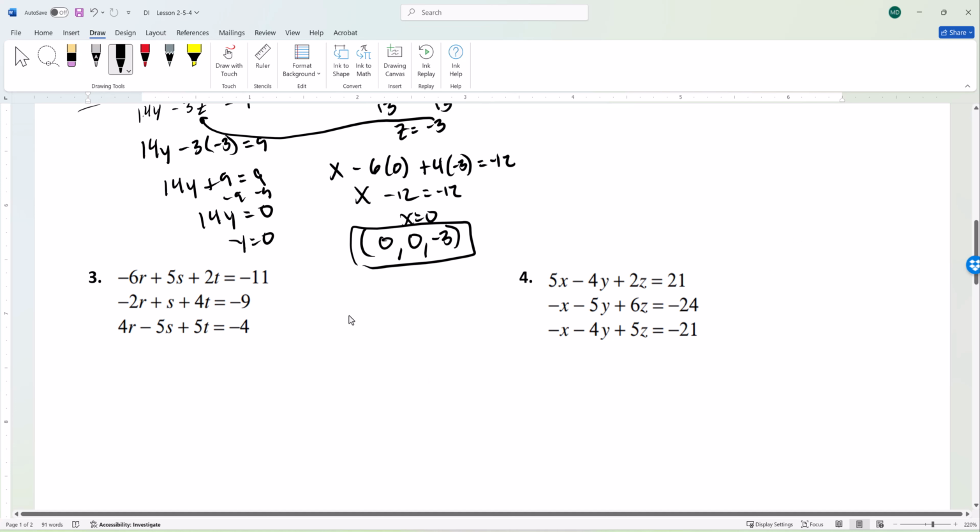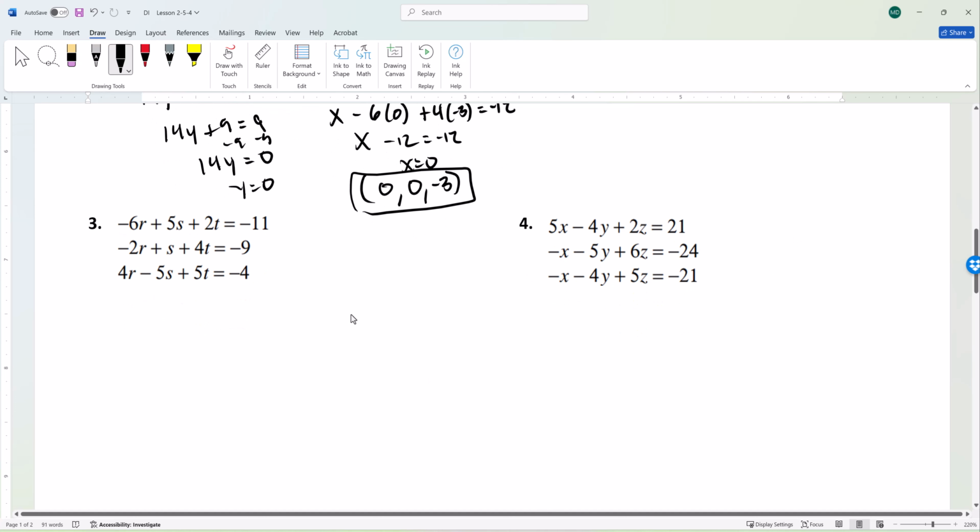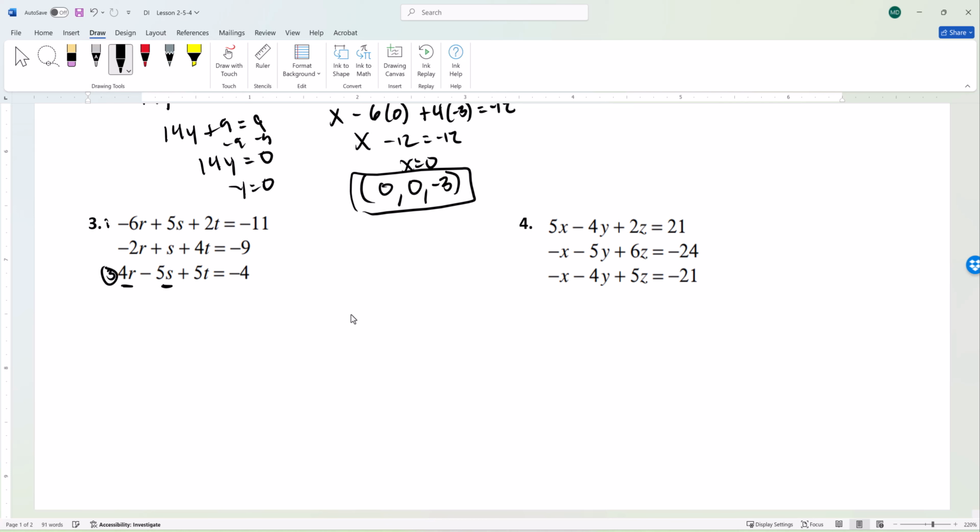And this next one, for number 3, do I want to eliminate the r's or do I want to eliminate the s's? Probably the s's, because then I would only have to multiply one equation by a number. So again, I can pair equation number 3 with 1 and 3 with 2.